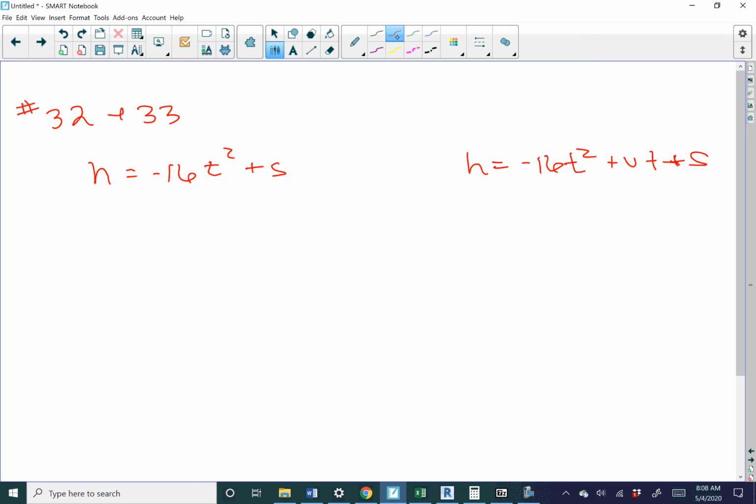All right, and then on 32 and 33, we're talking about the falling object model. This is falling. And the thrown object model, this is thrown. Okay? And for both of them, it's really straightforward as far as this is h is your final height.